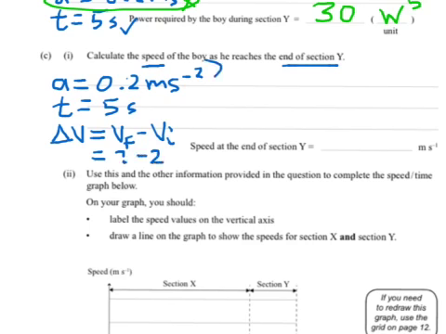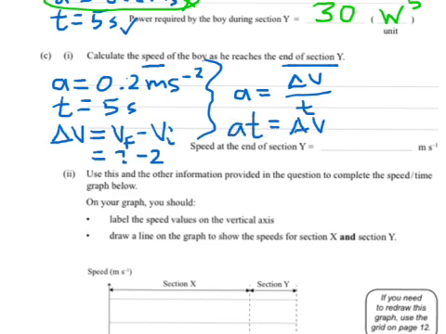And if we put these into a formula to link them all, we know that the acceleration is the change in velocity over the change in time. I'll rearrange it just a little bit first: a times t equals change in velocity, and the change in velocity was the final minus 2.